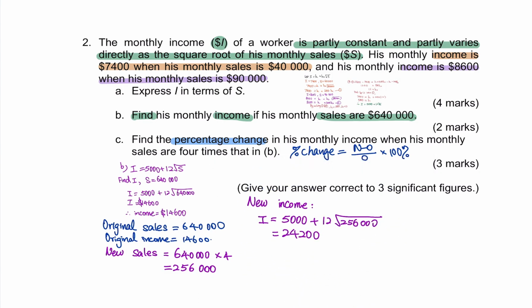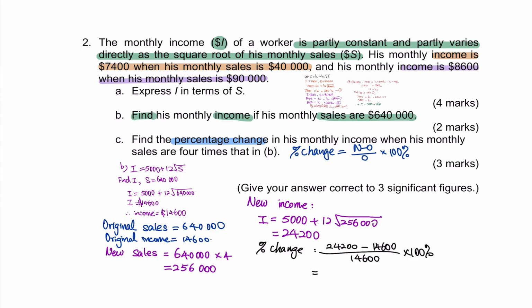You have to find the percentage change now. So you have your new income, you have your original income. You can find the percentage change now easily because it's all numbers this time. So your percentage change will be this new minus the old divided by the old times 100%.